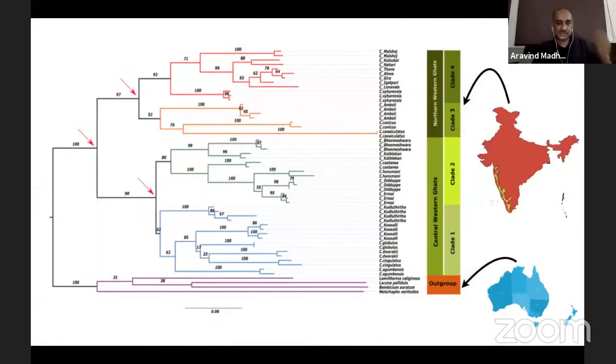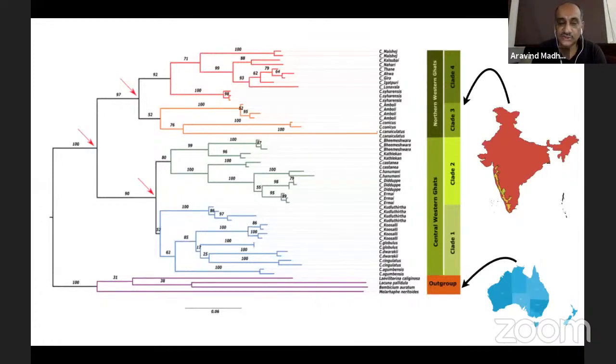So this is just a relationship of different Chromnoconchus in the Western Ghats. As you can see, the red and orange cluster belongs to the Maharashtra species, and the green and blue cluster belongs to the Karnataka species.